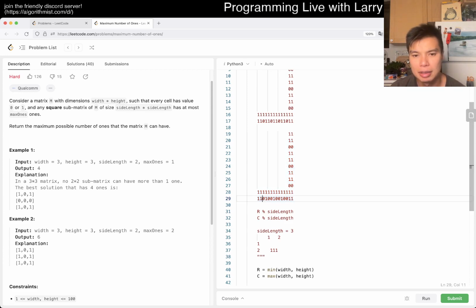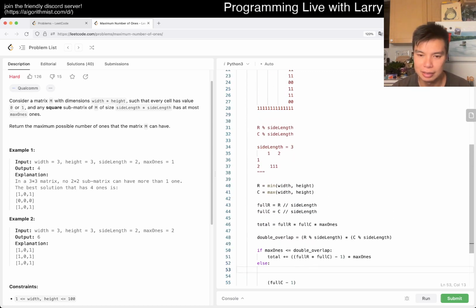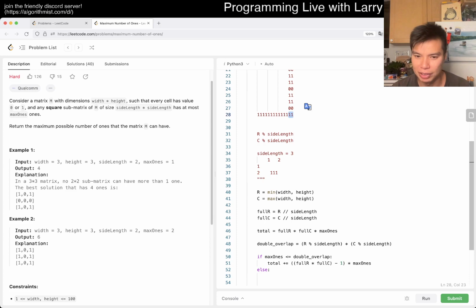But if we delete this row, for example, even though this is longer, it is not the decision maker. What is the decision maker? The number of spaces available, right? So how many spaces are on here? And we assume that this is going to be all filled because, well, that's just the definition of here.